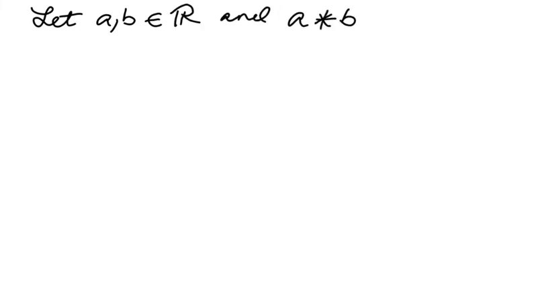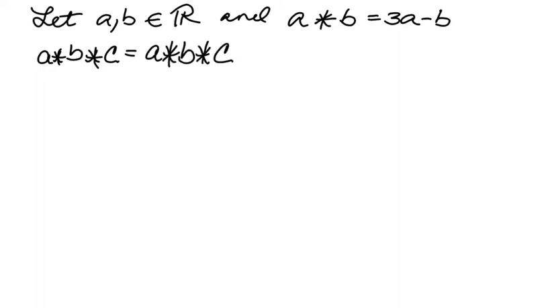So I'm going to still let a and b be real numbers. And a star b will be defined as 3a minus b. So again, I want to prove or disprove associative, commutative, identity, and inverse. So we know the associative is (a star b) star c equals a star (b star c).